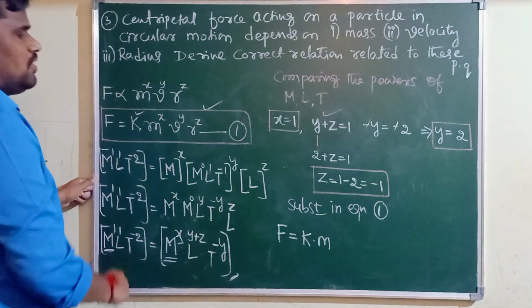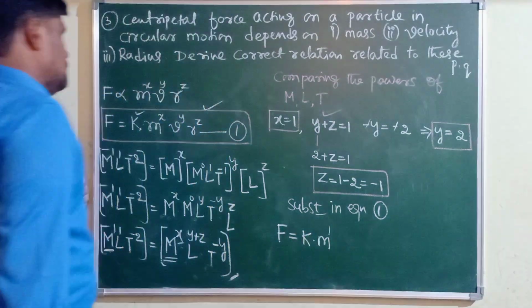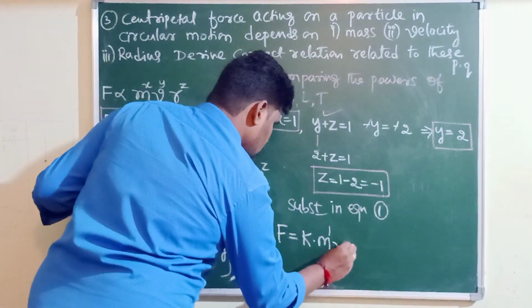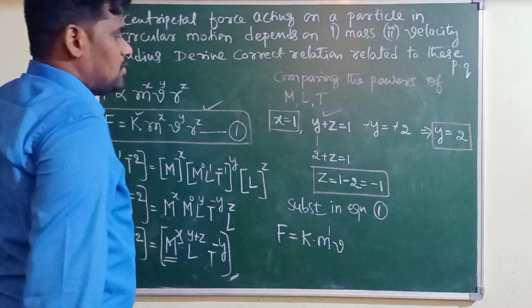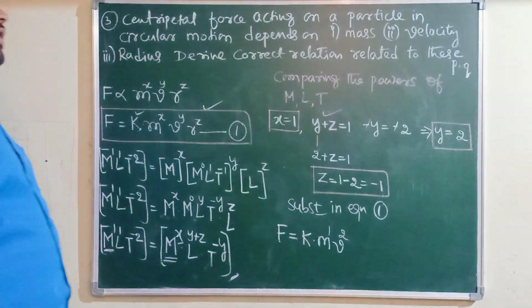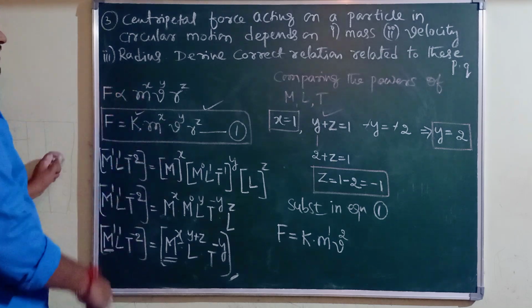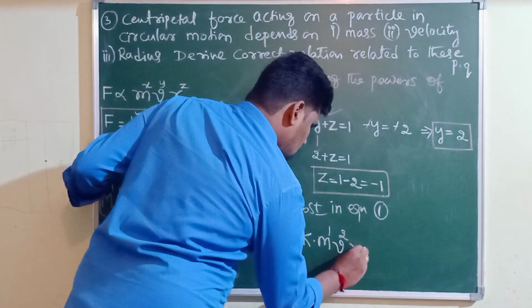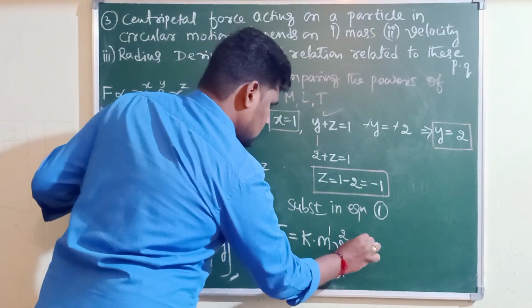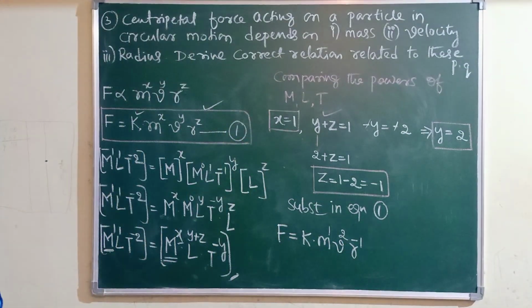What is the value of x? 1. V power y. What is the value of y? Y equals 2. Okay. R power z. What is the value of z here? Here, minus 1.